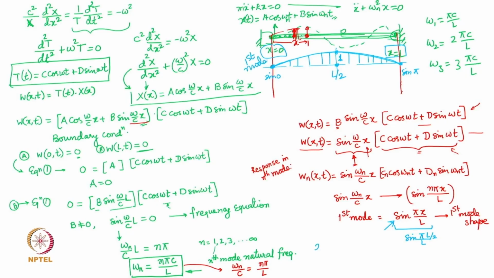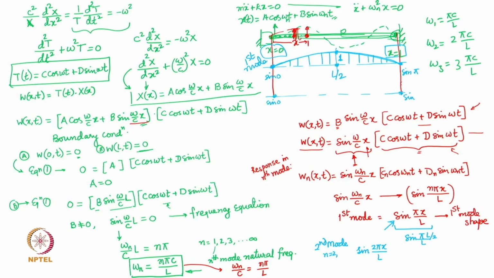What about the second mode? The second mode will obviously be given by sine(2 pi x by L), isn't it? Because the value of n is equal to 2, which means that at x equal to 0, this is again sine 0, and at x equal to L, what is this?